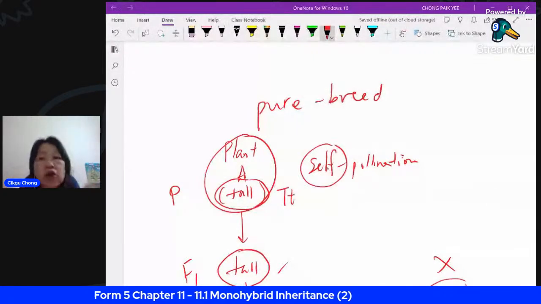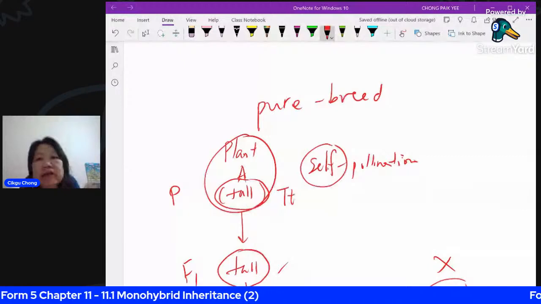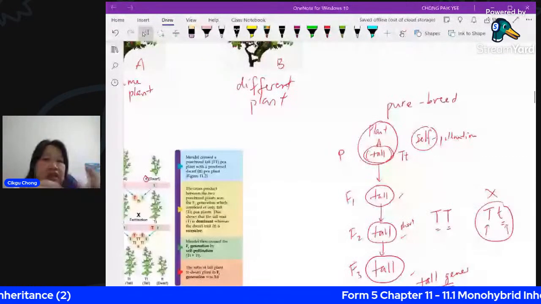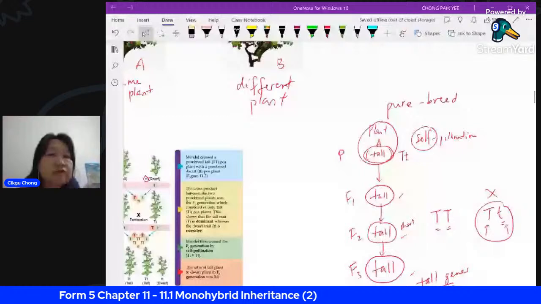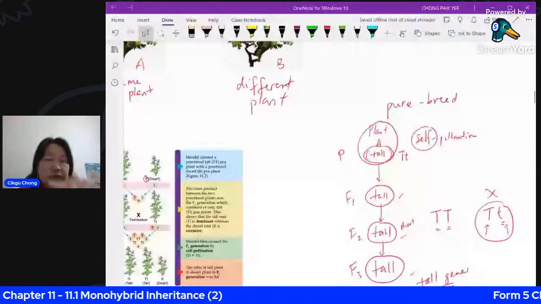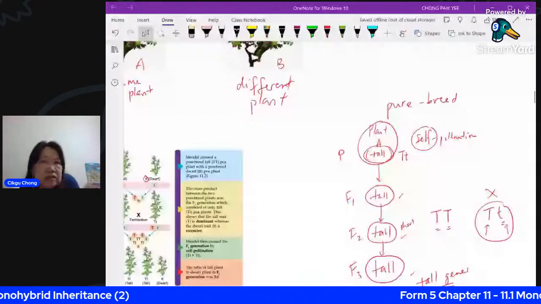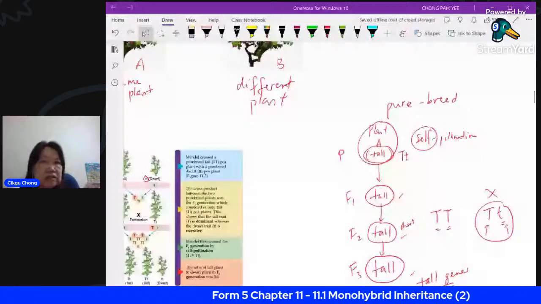So he can come to that conclusion. Before he started the investigation, he started with pure breed first, so he must make sure that plant is pure breed. He must do some prior investigation. He did self-pollination, many rounds, many generations. He found that this one can only produce tall. That means this one must be a pure breed.